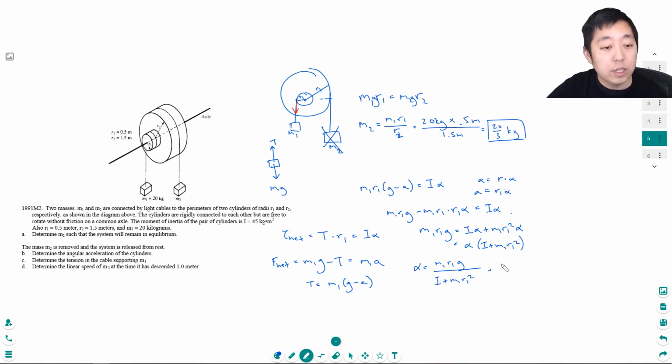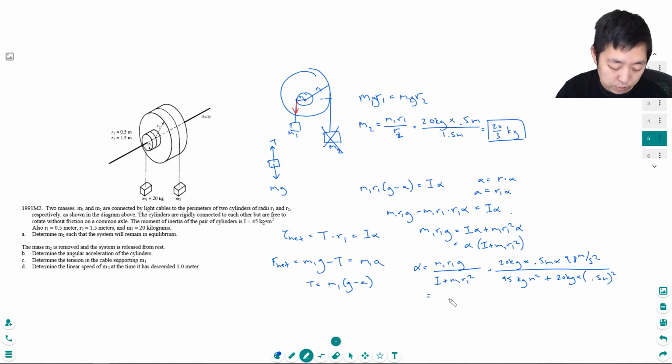M1 was 20 kilograms, R1 was 0.5 meters, G is 9.8 meters per second squared, and I is 45 kilograms meters squared plus 20 kilograms times R1, which is 0.5 meters, squared. So that is how you solve for alpha.